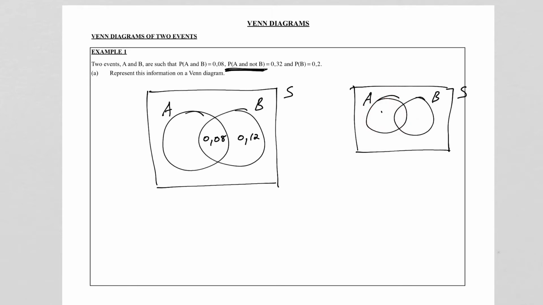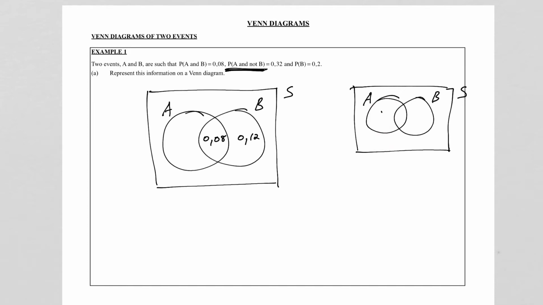When we look at not B, this part is B, so what is not B? Not B is everything except this that I indicate here. So that means that not B will be this one as well as outside.